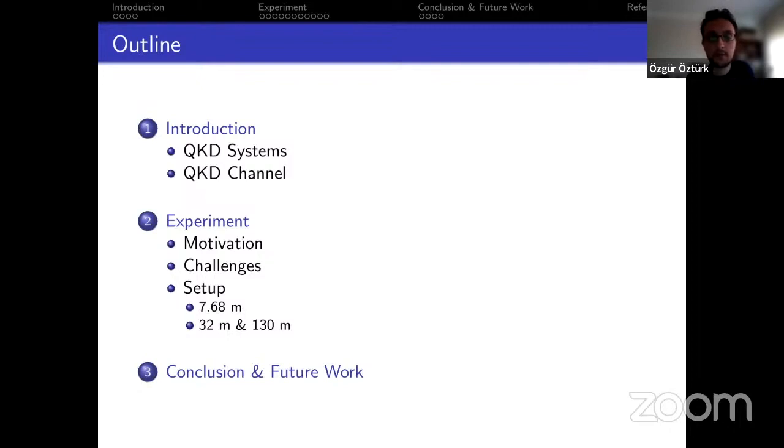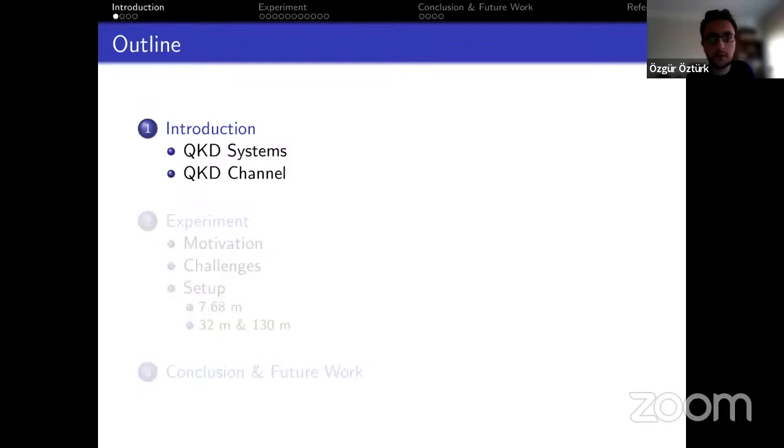The first one was just to test the beam expander free space optics, and later we implemented this beam expander into the complete QKD setup, and we conducted 2 experiments for 2 distances, 32 meters and 130 meters. Now, moving to the introduction.